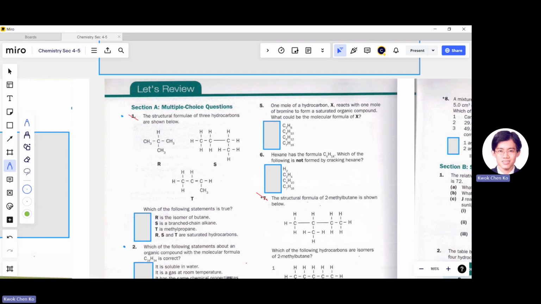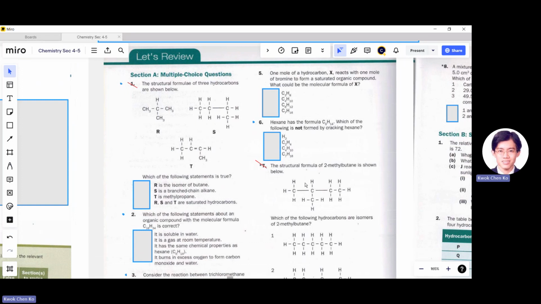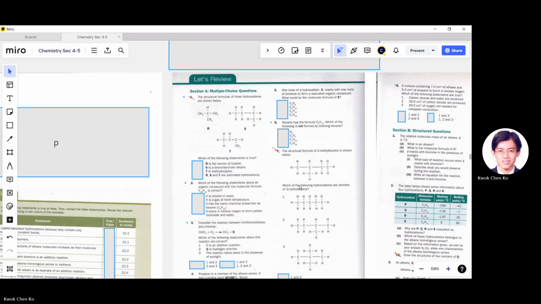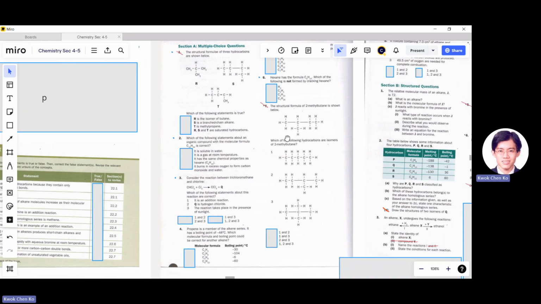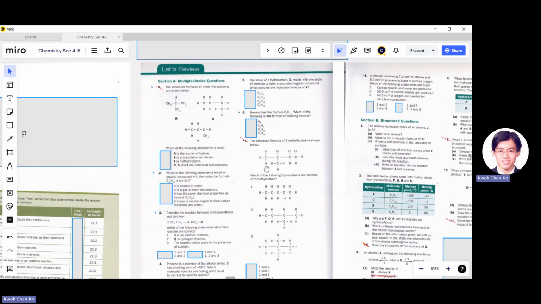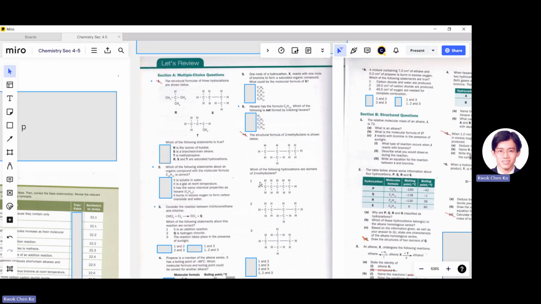Do number 6. I think you better try number 6. Just remember, this is one of the questions you would expect to find about cracking. Then you try number 6. Do everything as well, and question 4, 5. 8 is 7. Yes, 7 is for Jie only.